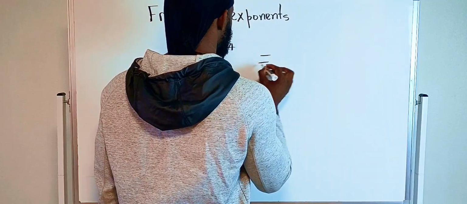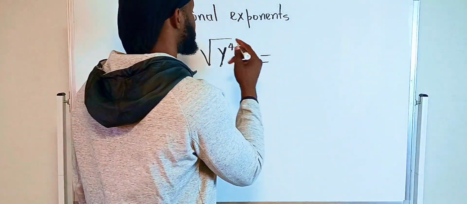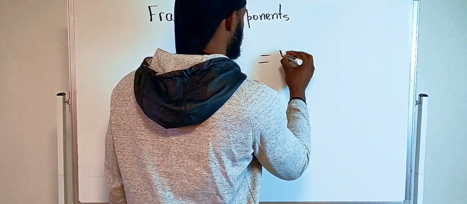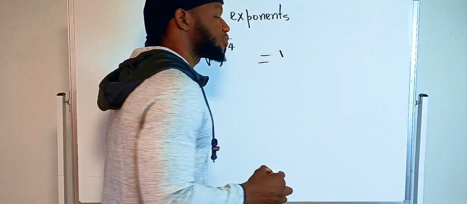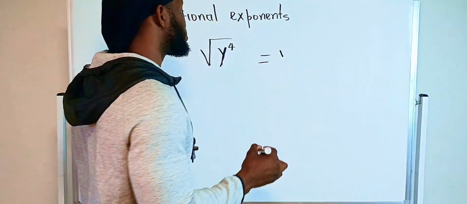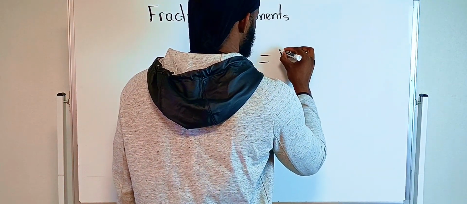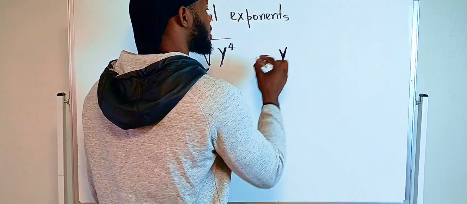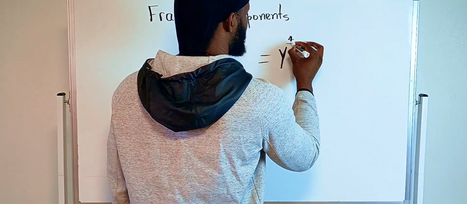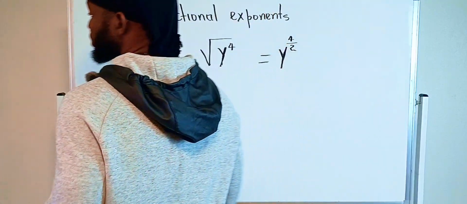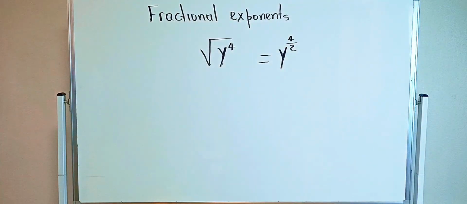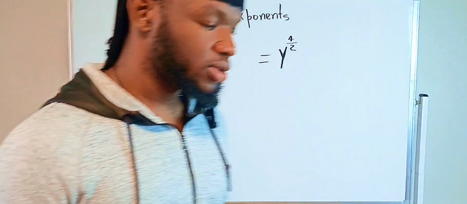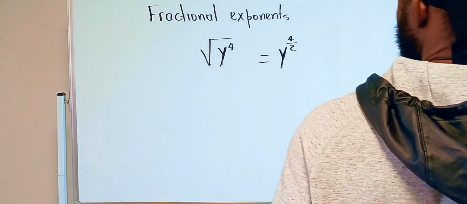You got this one, guys. It's gonna be like this: y exponent 4 over 2. This is exactly how you will write this.